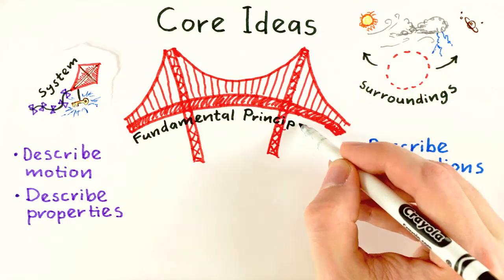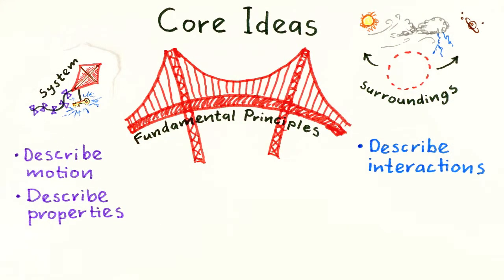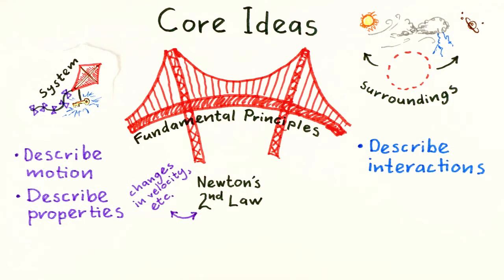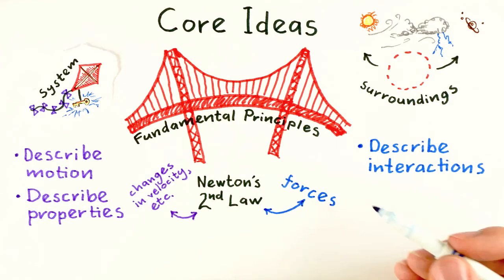The fundamental principles of mechanics provide the bridge that links the two. Without getting into too many details now, we can say that the first example of a fundamental principle we'll encounter is Newton's second law, which links changes to the system's motion to interactions described by forces.